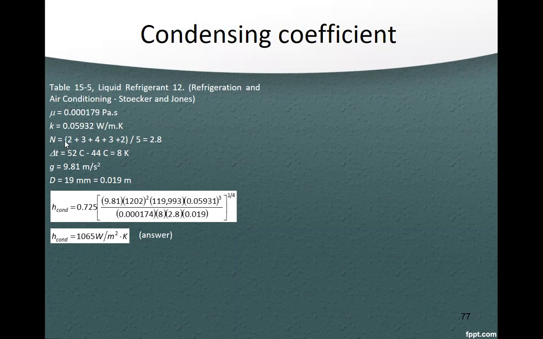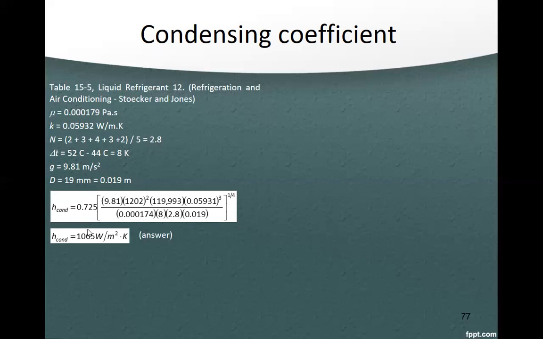N is the average. 2 plus 3 plus 4 plus 3 plus 2 divided by 5 is 2.8. Delta T is 52 minus 44 or 8K. Since pwede siyang 8C or 8K. G is 9.81 meter per second squared. Ang ginagamit na natin. D is 19 mm or 0.019 meters.